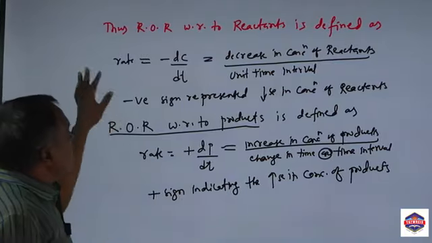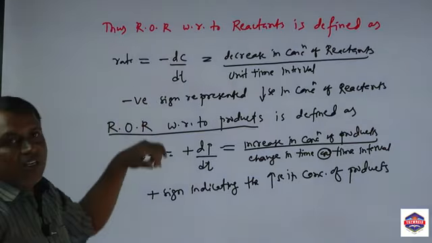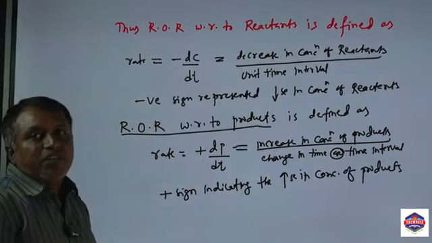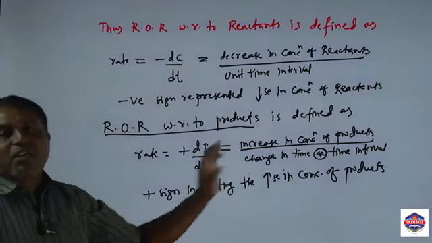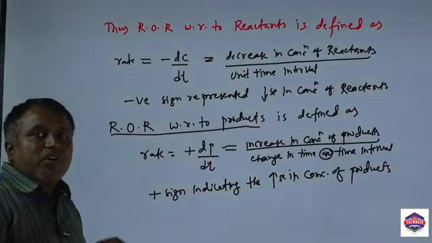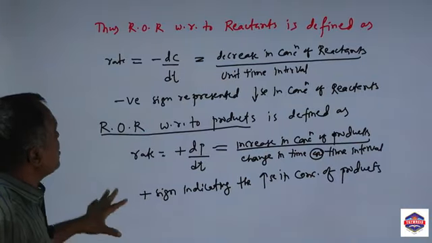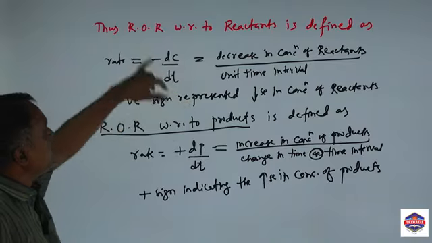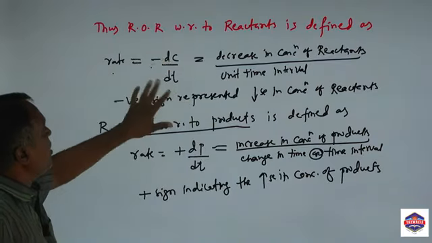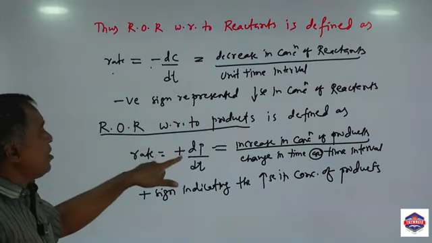As time increases, concentration of reactants gradually decreases, and at the same time concentration of products gradually increases. So based on this, rate of reaction we can define in these two ways. Rate is equal to minus dC by dt and rate is equal to plus dP by dt.